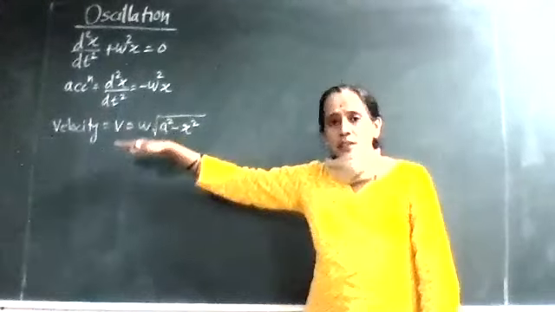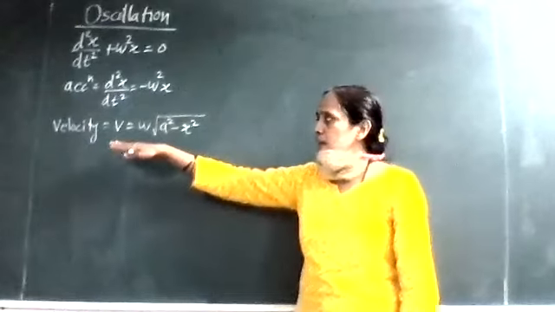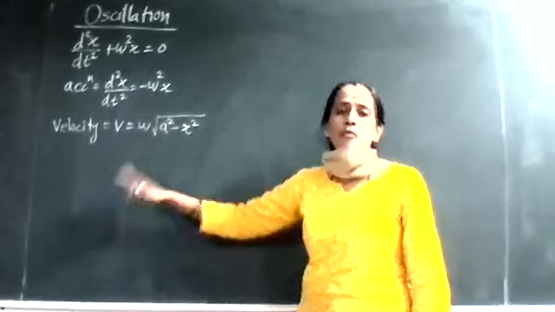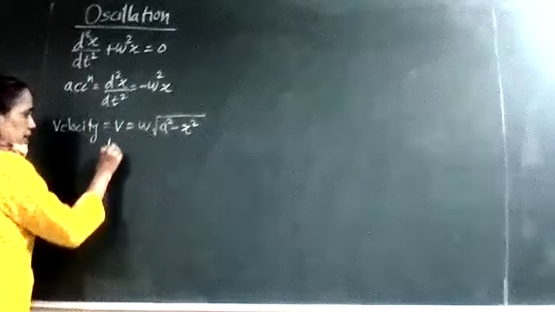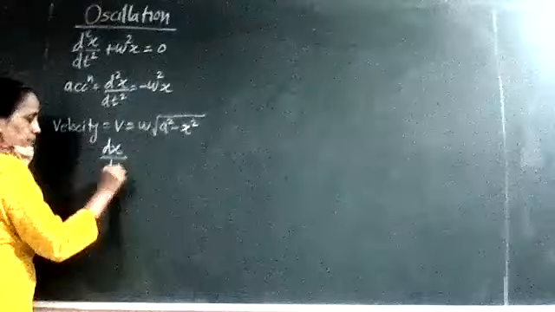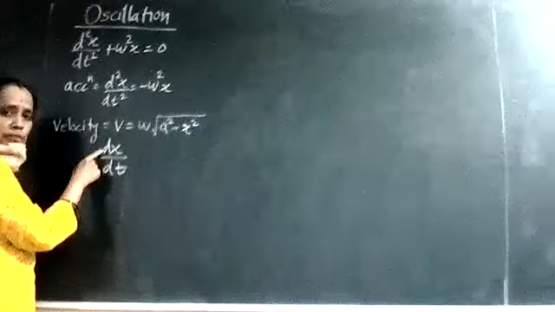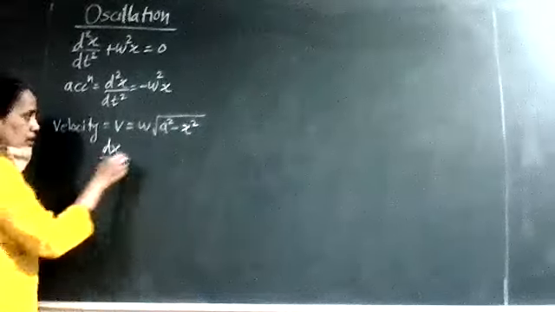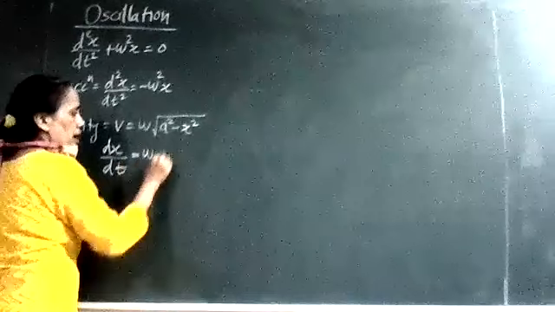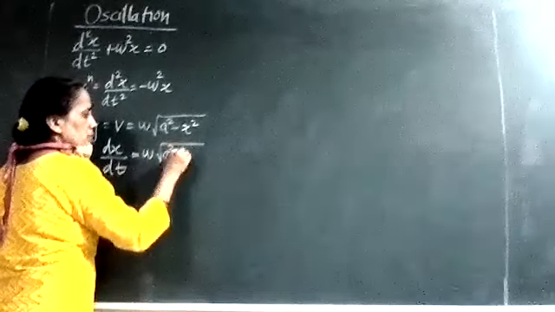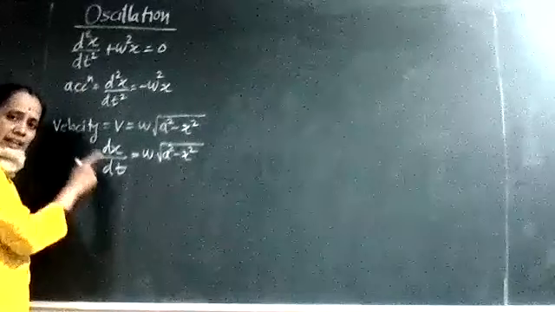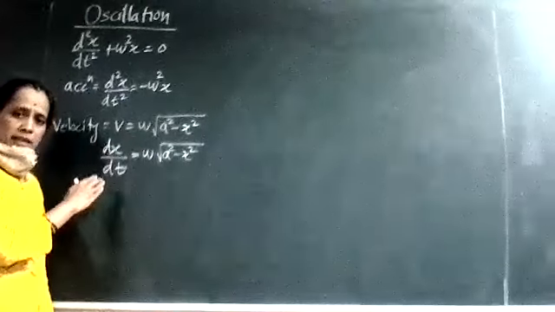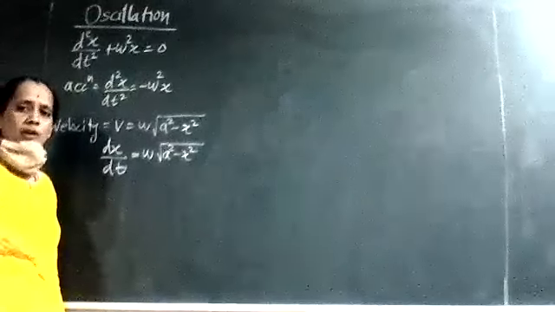Now, in today's lecture, from velocity we have to find the displacement. This velocity expression I can write as dx by dt, instead of velocity, which is equal to omega under root of a square minus x square. Now I will take the x term on one side and the time dependent term on the other side.